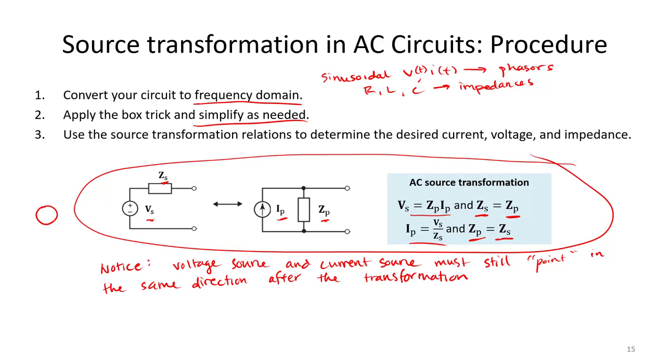So just like before, if we happen to have a voltage source that was pointing the wrong way, you'd still need to multiply by -1 if needed, in order to maintain the polarity of the source.